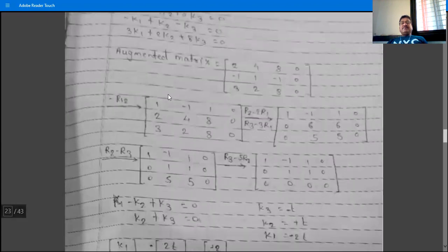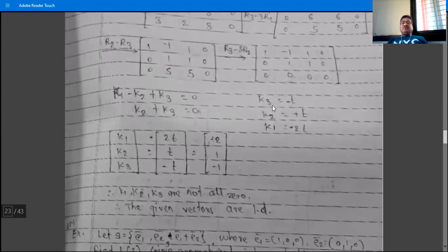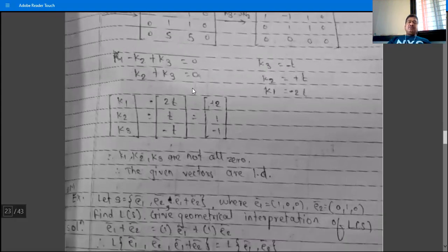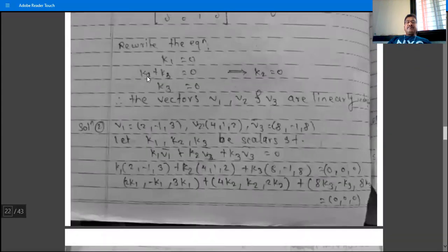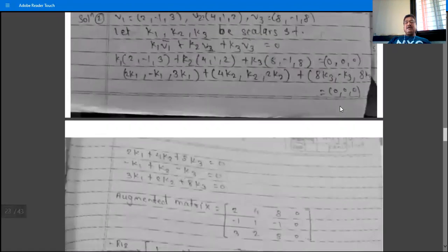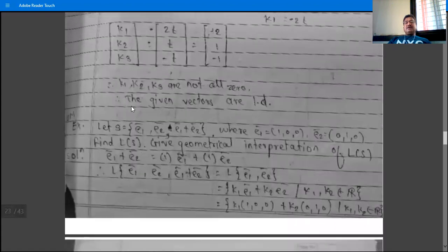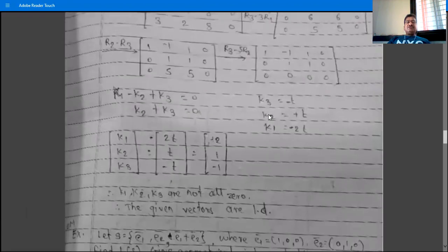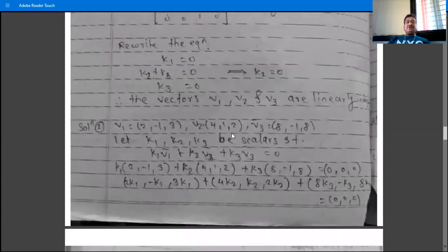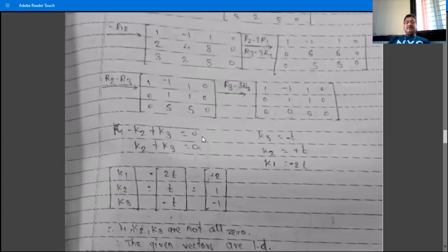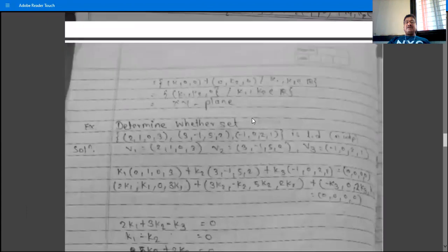Solve the system and find the values of K1, K2, K3. If all K1, K2, K3 are equal to 0, as in the first case, then the vectors V1, V2, V3 are linearly independent. And if K1, K2, K3 are not all 0, then the given vectors V1, V2, V3 are linearly dependent.